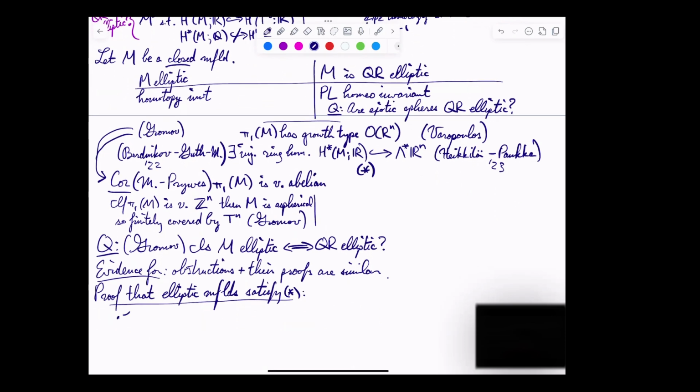So let's take generators w_i for the cohomology ring.